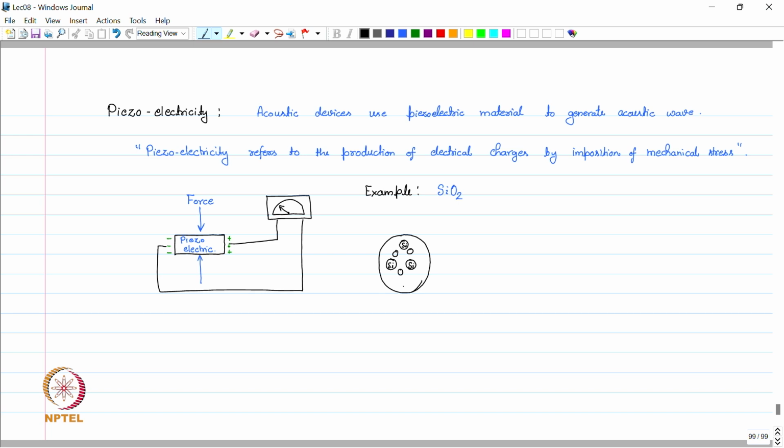So, this is the structure of the silicon oxide crystal, and this silicon is positively charged and oxygen is negatively charged, and this is how they are connected, giving rise to the silicon oxide crystal. So, this is the state when we do not apply any mechanical stress.